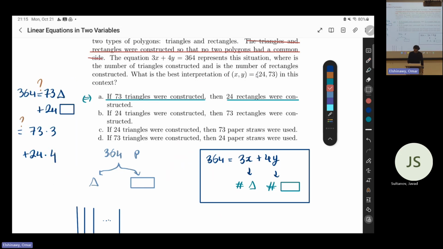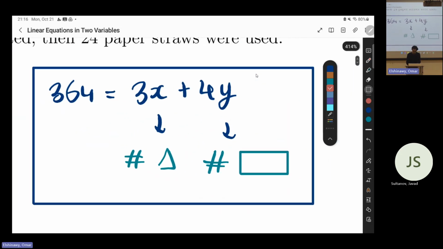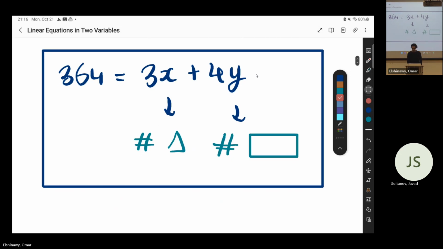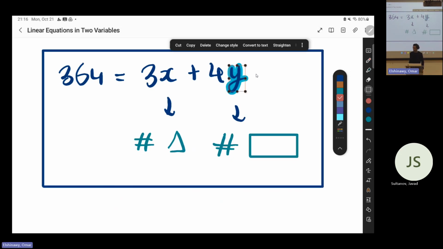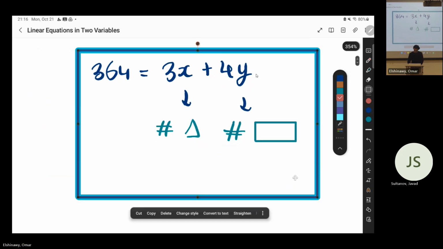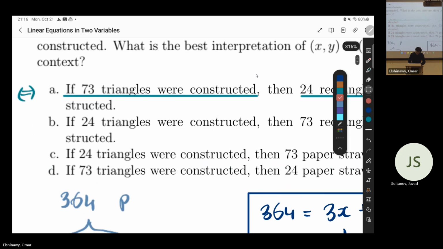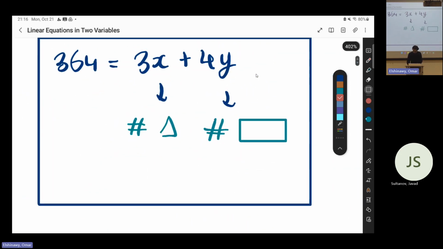So again, do you agree with me that X is the number of triangles and Y is the number of rectangles? Yeah. Okay, how many straws would it take you to make 73 triangles and 24 rectangles?